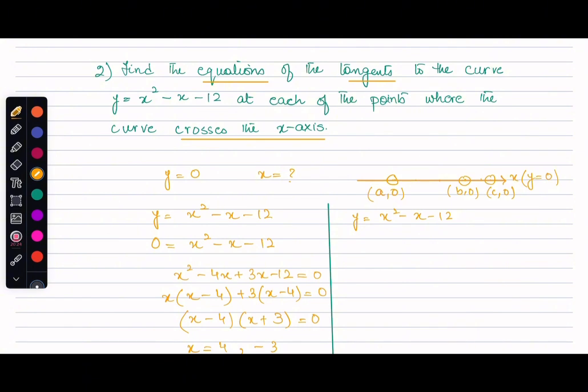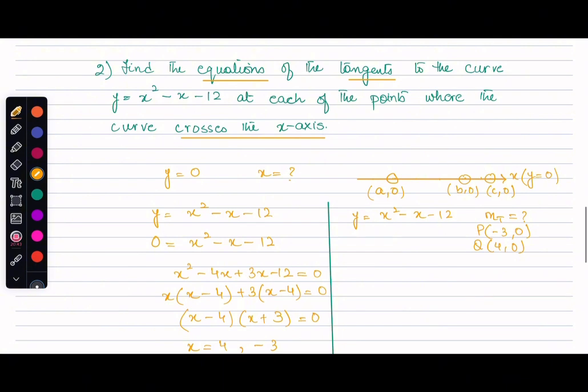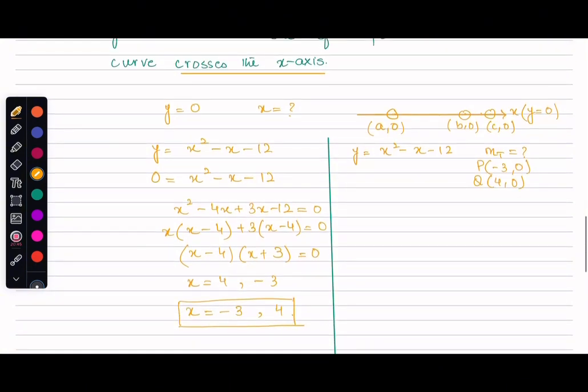Number one, the gradient of the tangent, and then the point at which we have to have this tangent equation. The point I've already found out, it's -3 and 0, and I can call the other point Q, having the coordinates 4 comma 0. So we need to find out the gradient at these 2 points where my y is 0, where the curve is crossing the x-axis here.